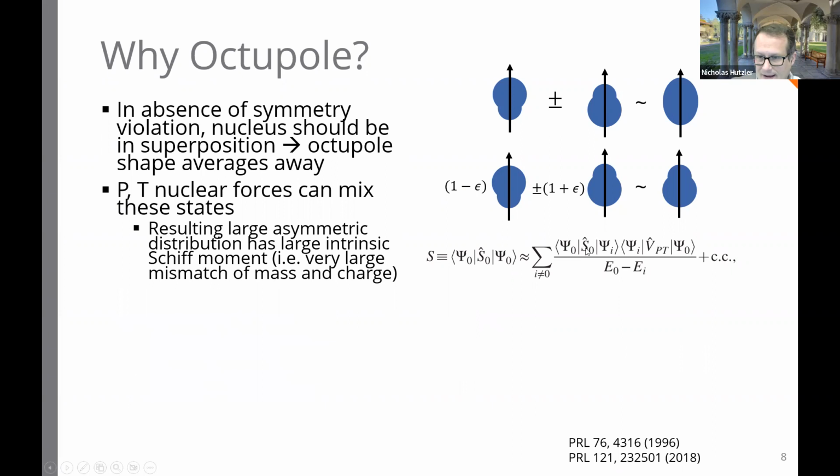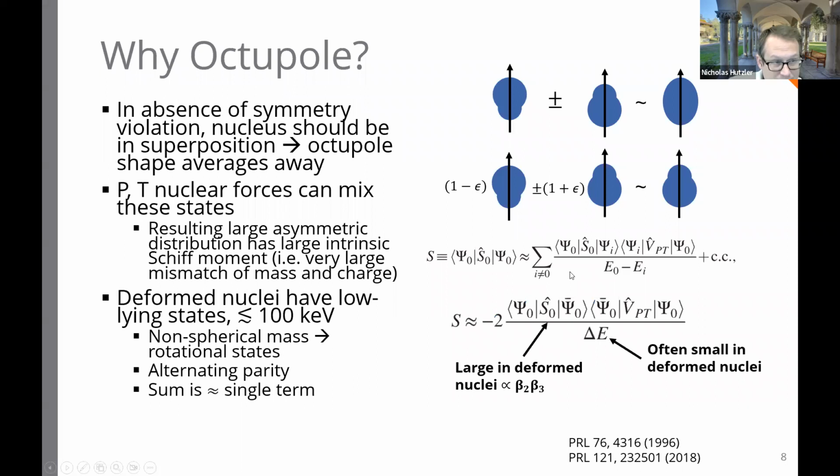So if you formally write out the shift moment in a nucleus, it depends on this internal shape, how deformed the nucleus is, how large this beta 3 octopole deformation is, and then how large the CP violating, PT violating forces that mix them are. And because you're talking about mixing states through weak forces, it's some kind of perturbation theory expansion where you divide by an energy denominator.